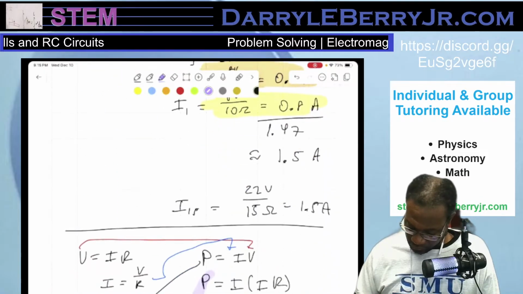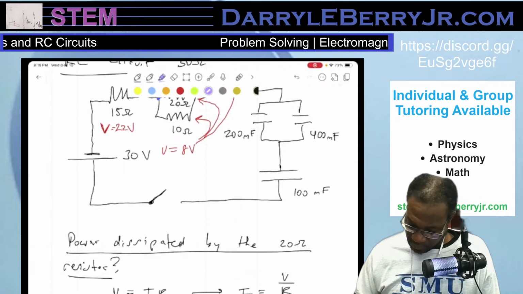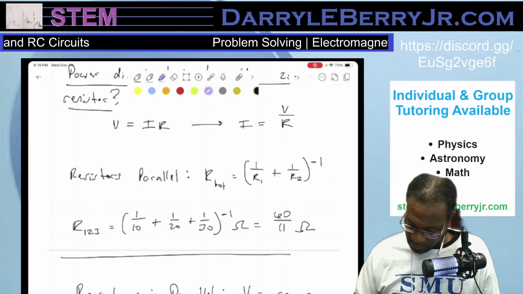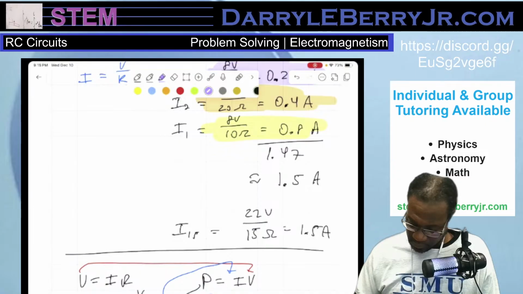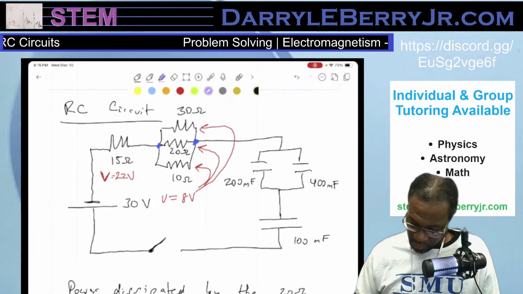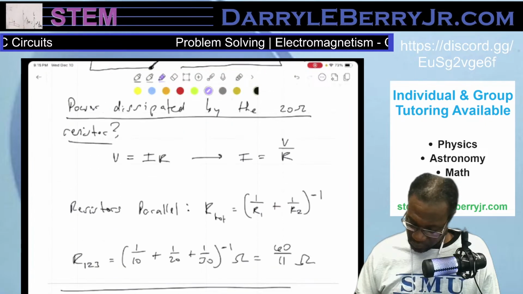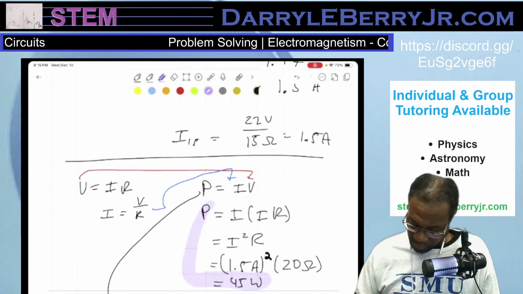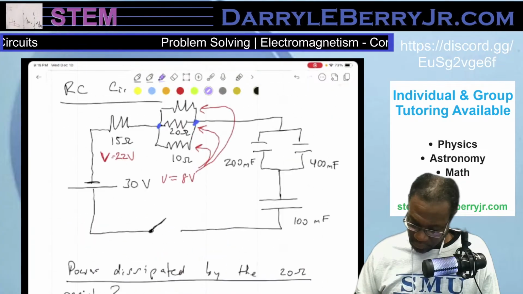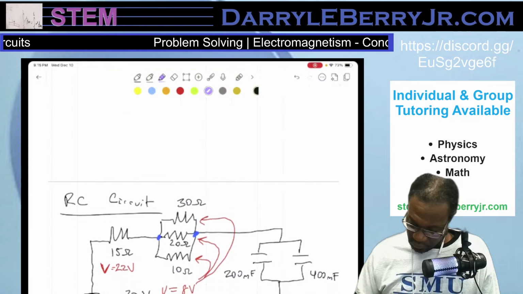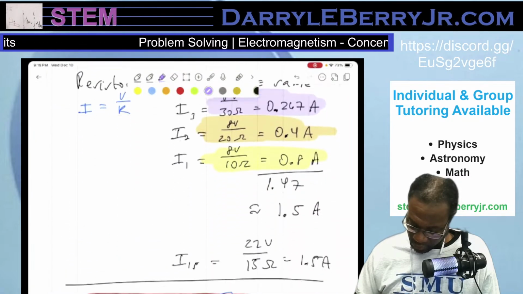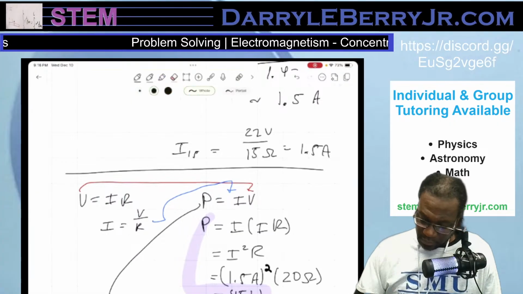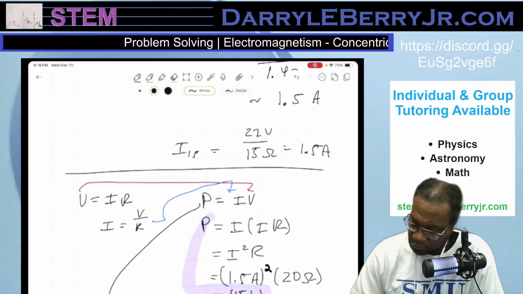Oh, current going through that one will be different. Look at that. It'll only be 0.4. Voltage will still be 8. That'll make it worse. So what is wrong with that one? Hmm.